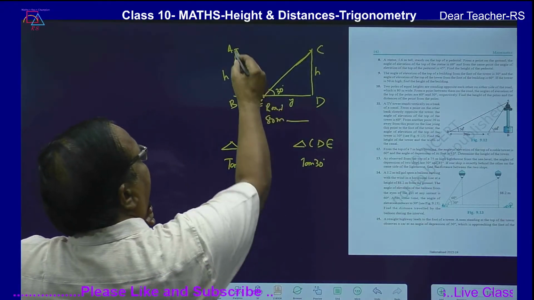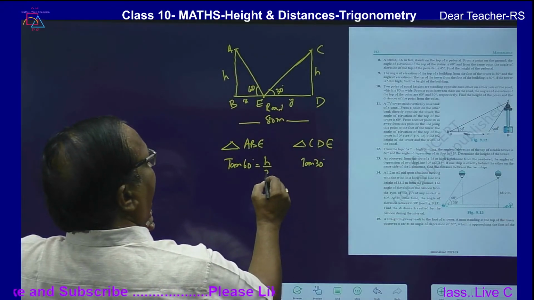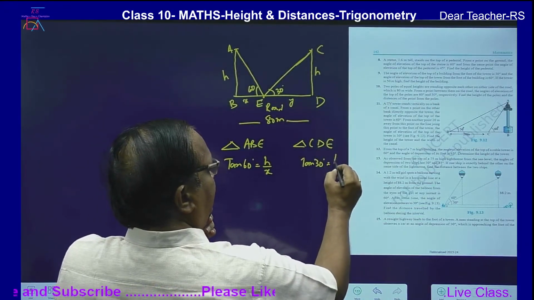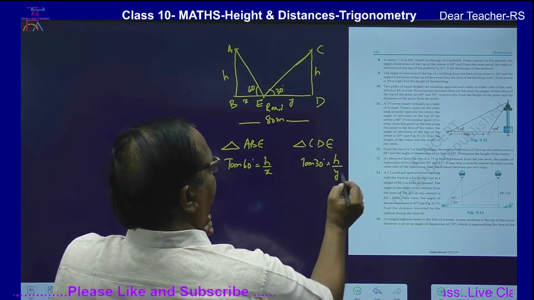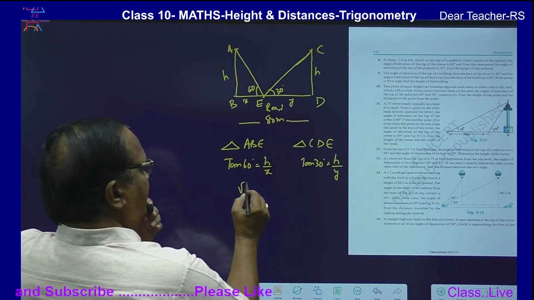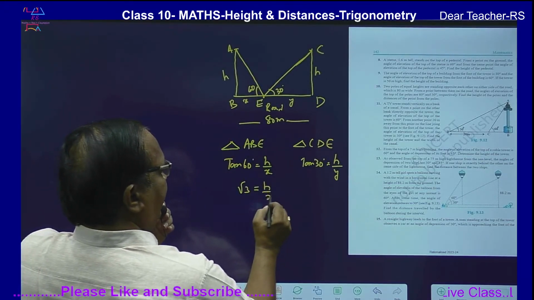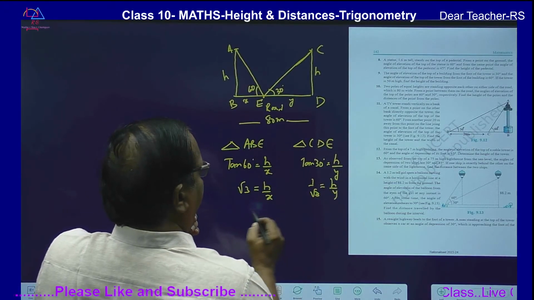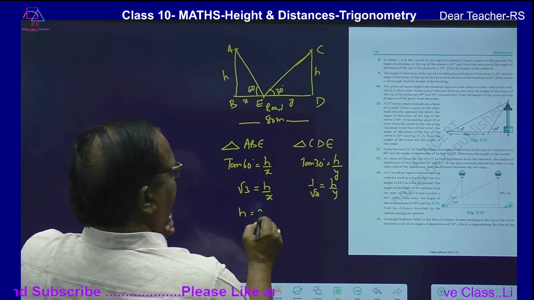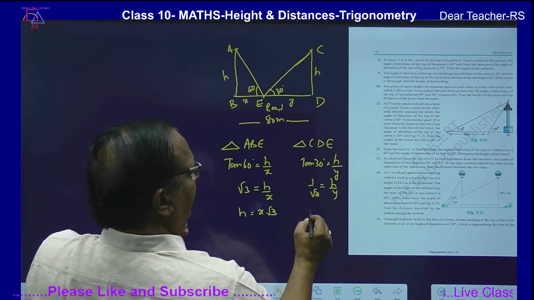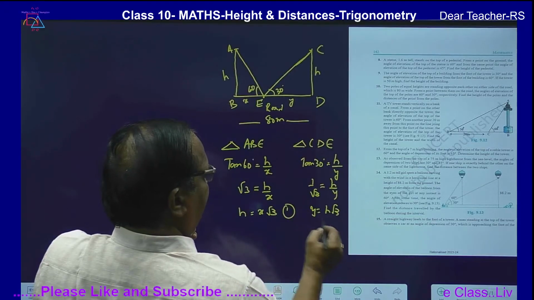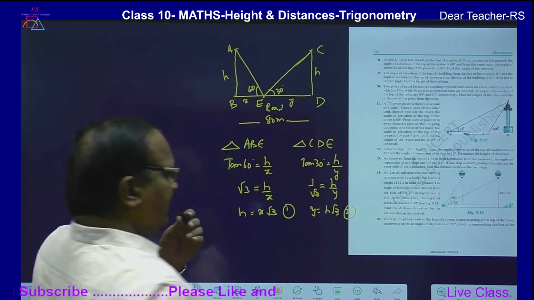So tan 60 is H by X, and tan 30 is H by Y. Tan 60 value is root 3, so root 3 is H by X. And 1 upon root 3 is equal to H by Y. So H is equal to X root 3 and Y is equal to H root 3. This is the first equation and this is the second equation.